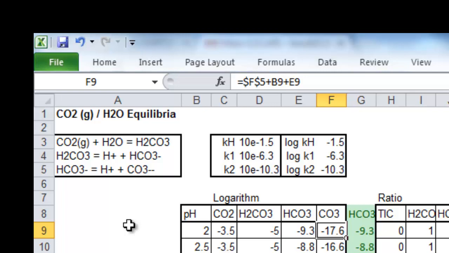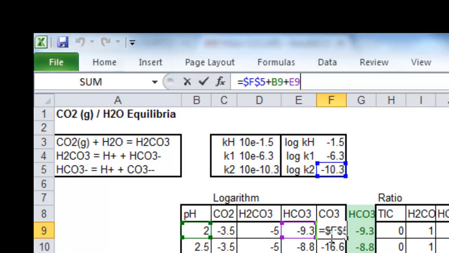So if we move those across, we end up with log carbonate concentration equals log bicarbonate concentration minus 10.3 minus log H plus. Minus log H plus is the same as saying plus the pH, because the pH is the negative log of the hydrogen ion concentration.